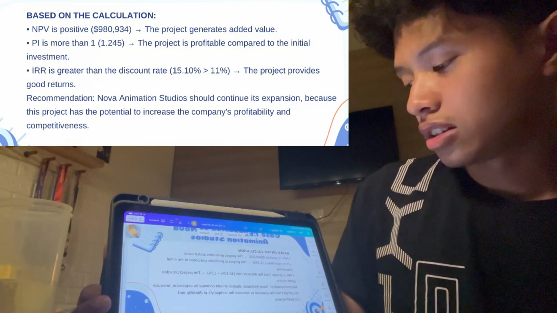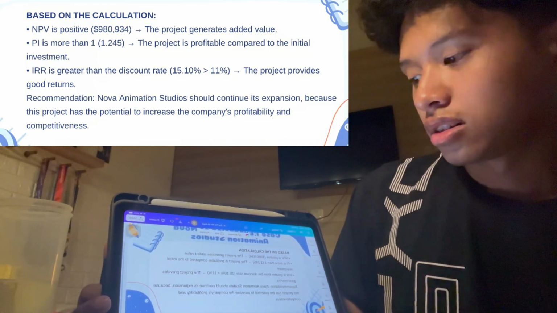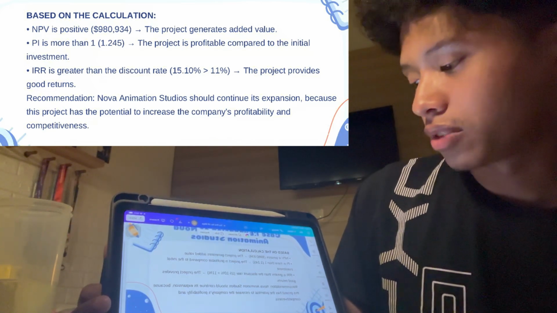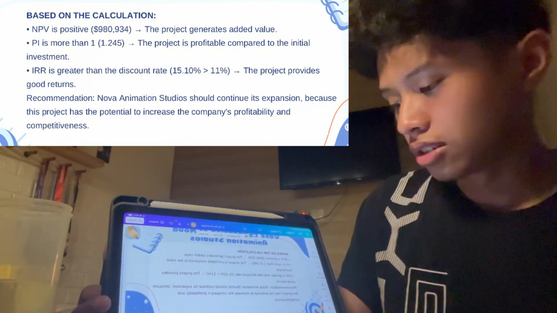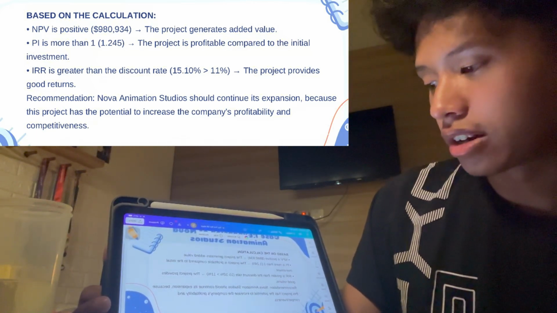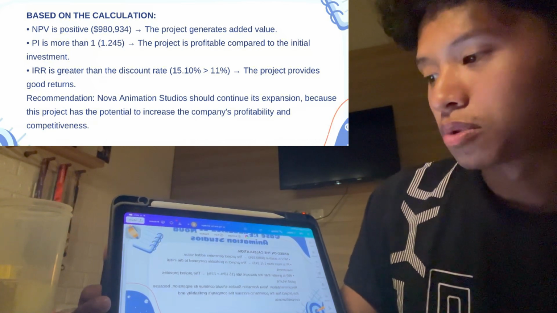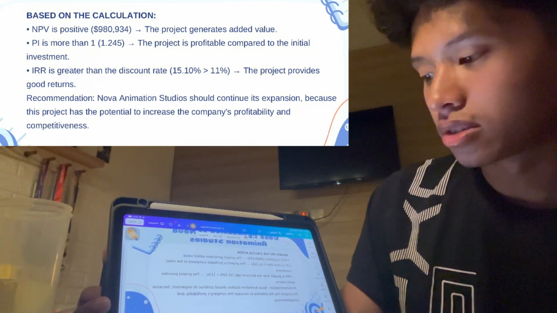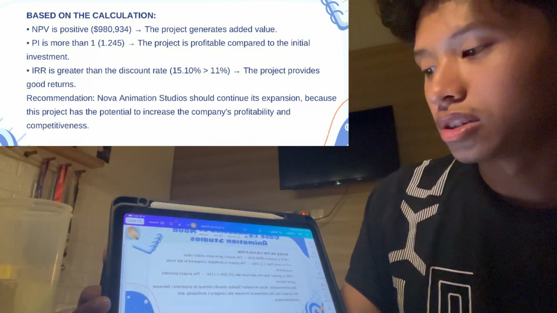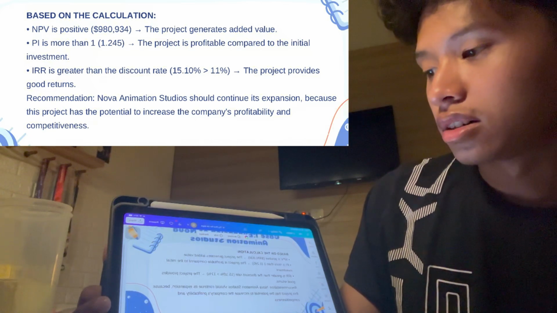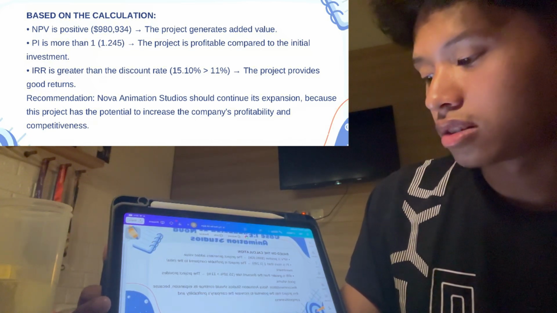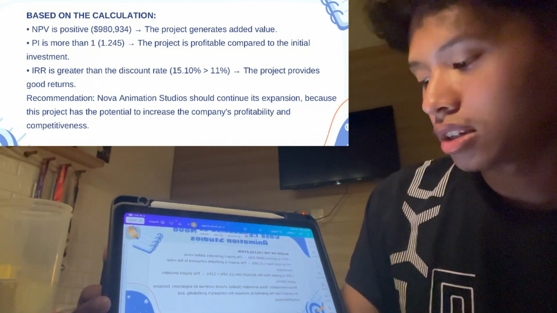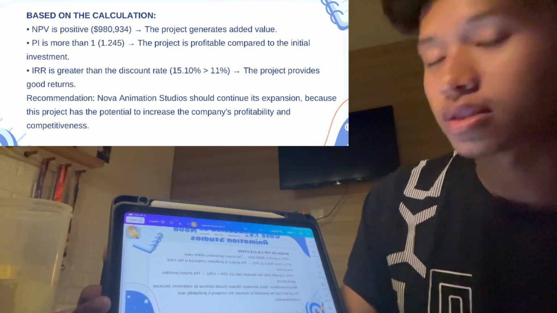The second is PI is more than 1. The project is profitable compared to the initial investment. And the third is ERR is greater than the discount rate. The project provides good returns, and the recommendation is Nova Animation Studio should continue its expansion because the project has the potential to increase the company's profitability and competitiveness.